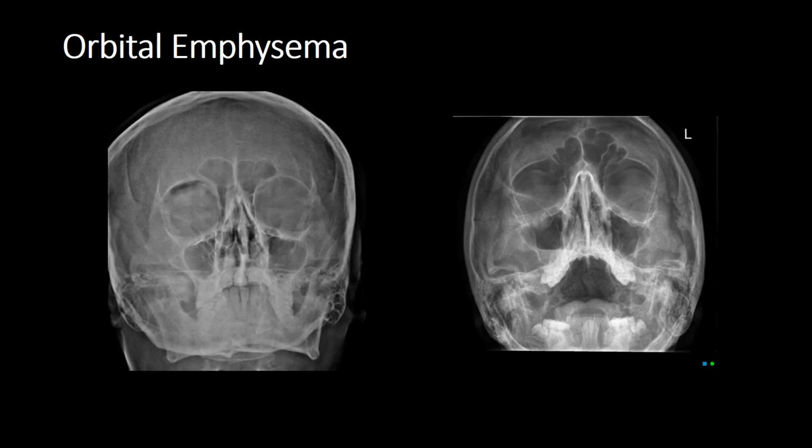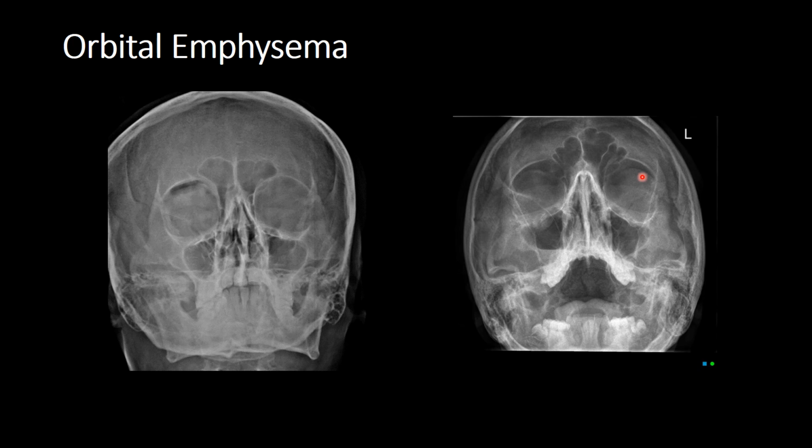Now I just want to compare this patient with the previous patient. Here on our left, we can quite clearly see our orbital emphysema. Now look at our Waters view on our right. Can you see this dark, but not as dark as the air, black curvature? This is periglobal fat. This is normal.